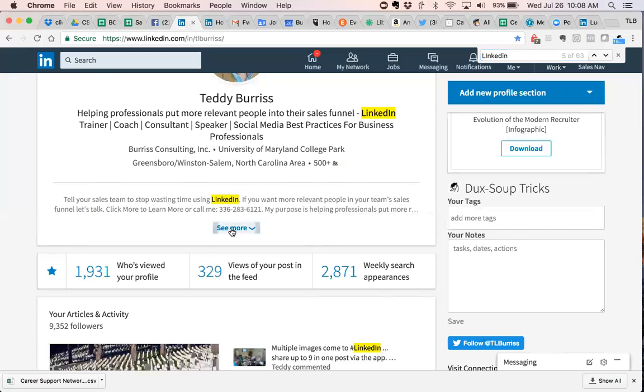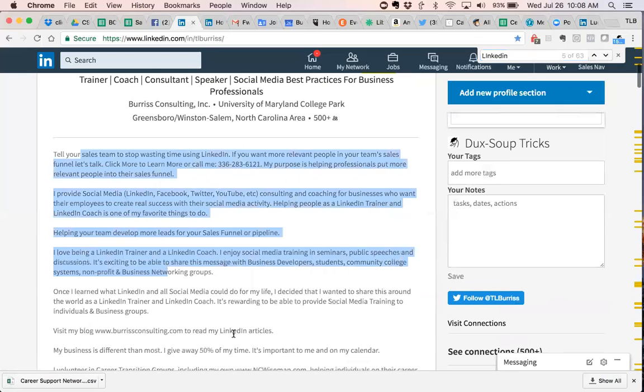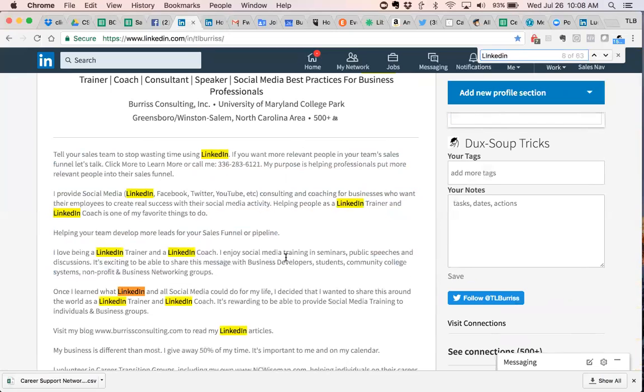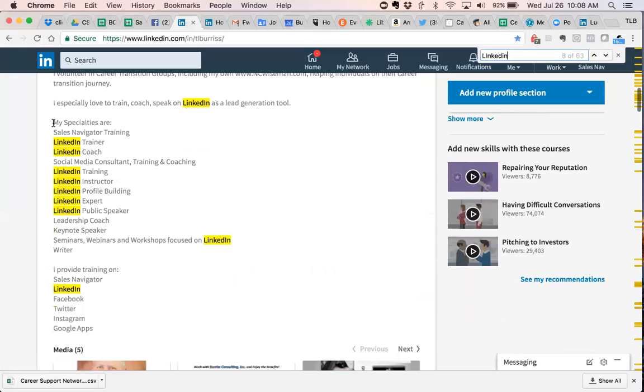Now, when you build your summary section out, you can use those keywords again. You'll look in my summary, I use those words a bunch. But then if you look down below, I also listed my specialties. And in my specialties, I use my keywords again.